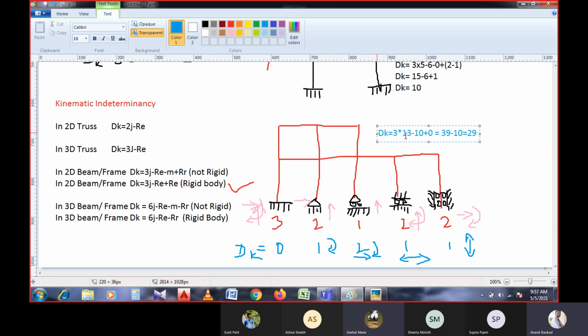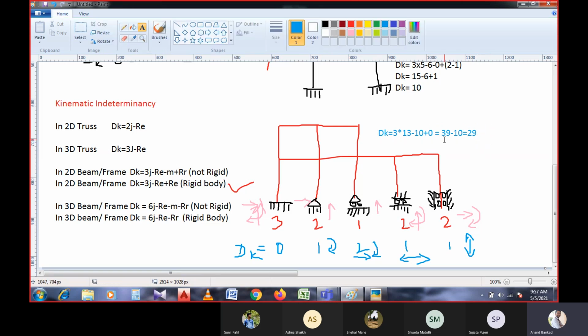Okay, sir. Right? And 10 numbers of external reactions, 3, 5, 6, 8, 10. And we don't have any internal hinge over here, since it is 0. Then there are 29 degrees of freedom available in this frame.